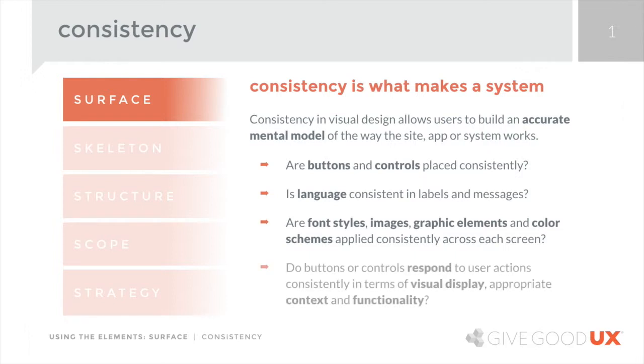Related to that, do buttons or controls respond to user actions consistently in terms of the way they're displayed, appropriate context, appropriate functionality? If I click a button on one screen and the result is I'm taken to a new page, then the next time I click a button, that's what I'm going to expect to happen. If I click that button and I suddenly get a pop-up window, that's a disconnect in my understanding of how things work.